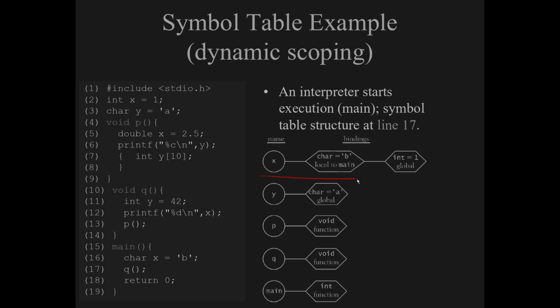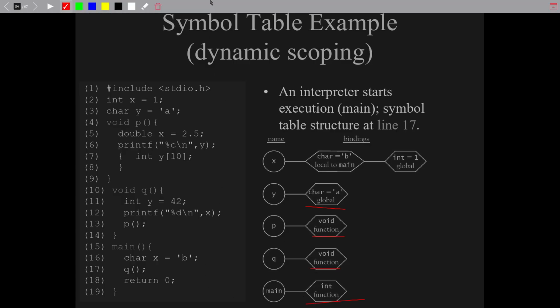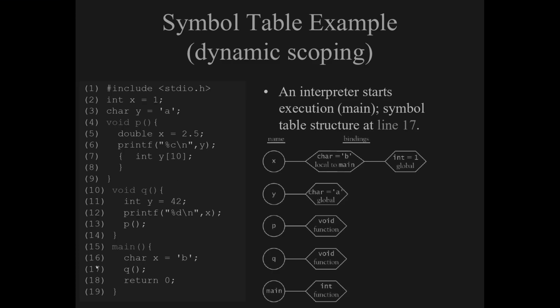So x has the global and it has the character that is local to main. We have the global character y equal to a. We have the void functions p and q and the main, right?